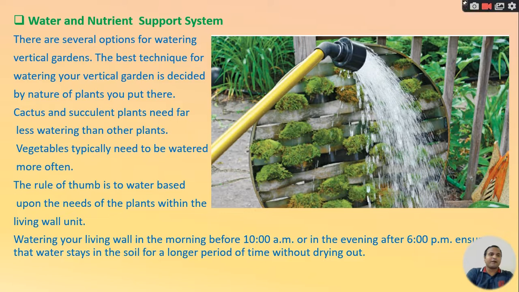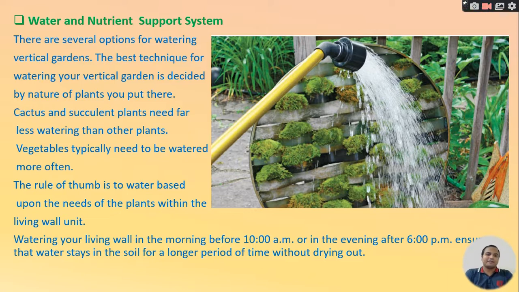The best technique for watering your vertical garden is decided by the nature of the plants you put there. Since you put various sorts of plants grouped together to create a particular pattern, and every plant has different water needs, you have to look at specific plants every time, like how frequently you should water them.